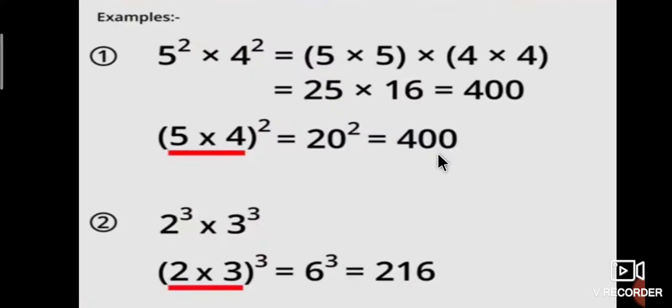Next example, students, observe here: 2 to the power of 3 into 3 to the power of 3. According to this, 2 to the power of 3 into 3 to the power of 3 is equal to 2 into 3 whole to the power of 3, because a to the power of m into b to the power of m is equal to a into b whole to the power of m.